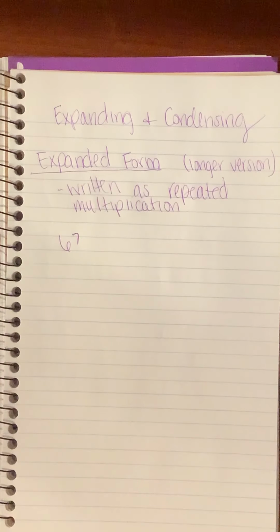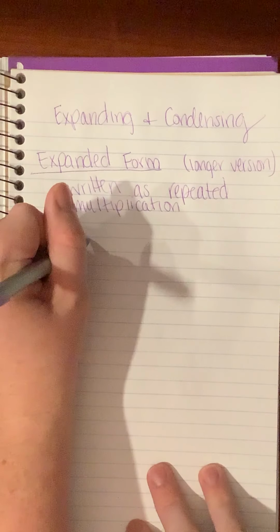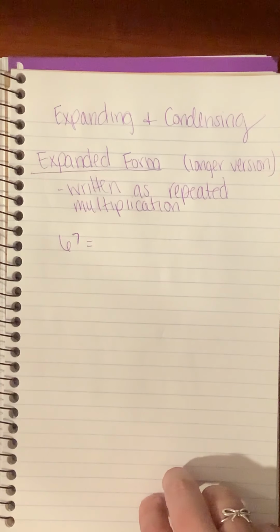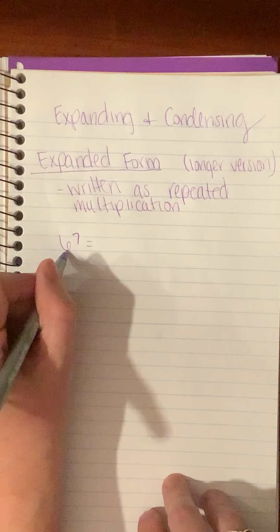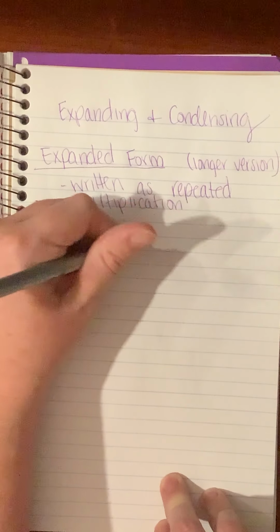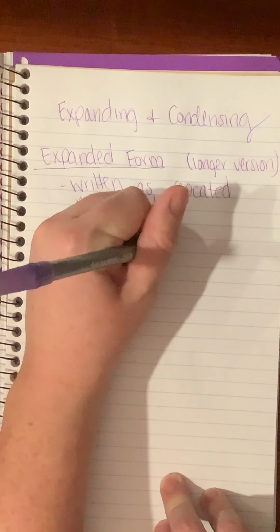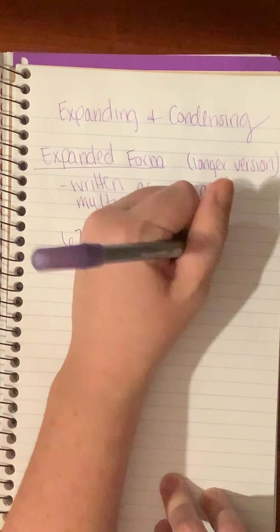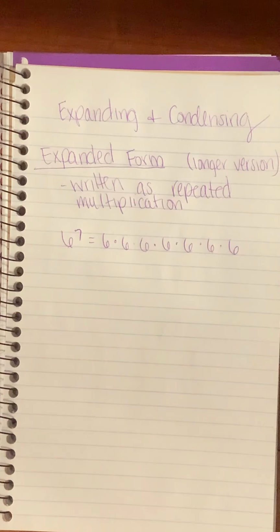So you're going to see an example like 6 to the 7th power. And when it asks you to write it into expanded form, we're going to take our base, so our 6, and we're going to write it 7 times. So notice I have my 6.